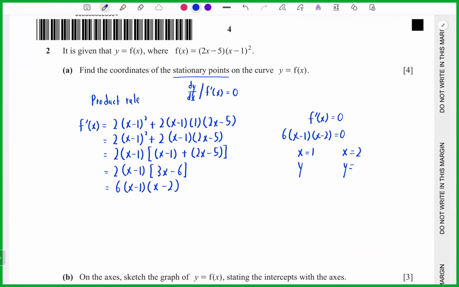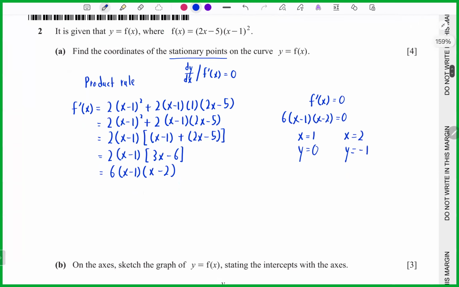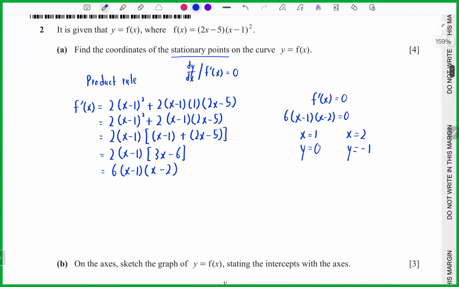So you can take 2 bracket 1 minus 5, 1 minus 1 square. Basically you get 0. Here is -1. So you will get two answers here.